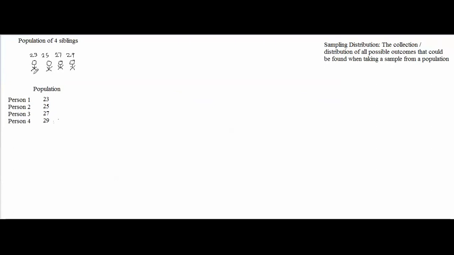So if we're planning to select a sample of 2 out of the 4 people in the population and collect the ages of those 2 people, what are the possible samples that we might end up getting? We can actually find out what the possible samples of 2 people are. Well, one obvious sample of 2 people that we might get is person 1 and person 2.